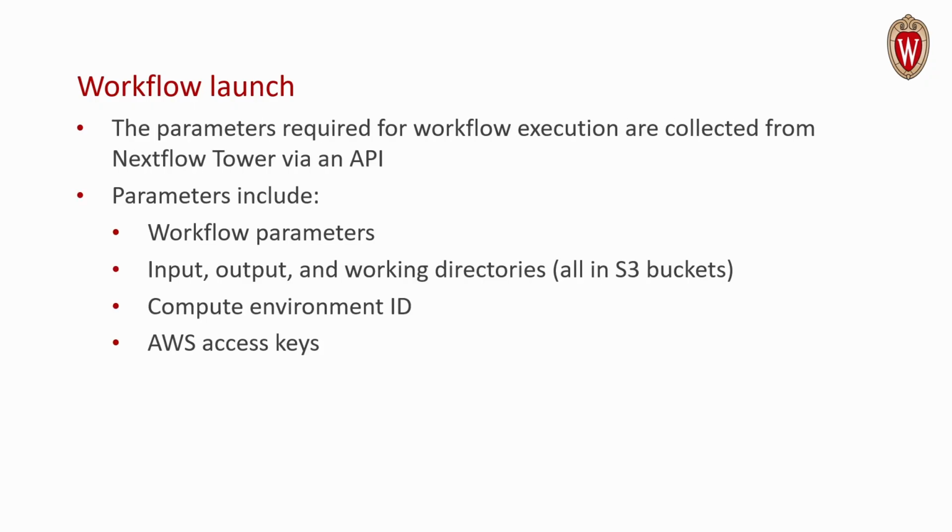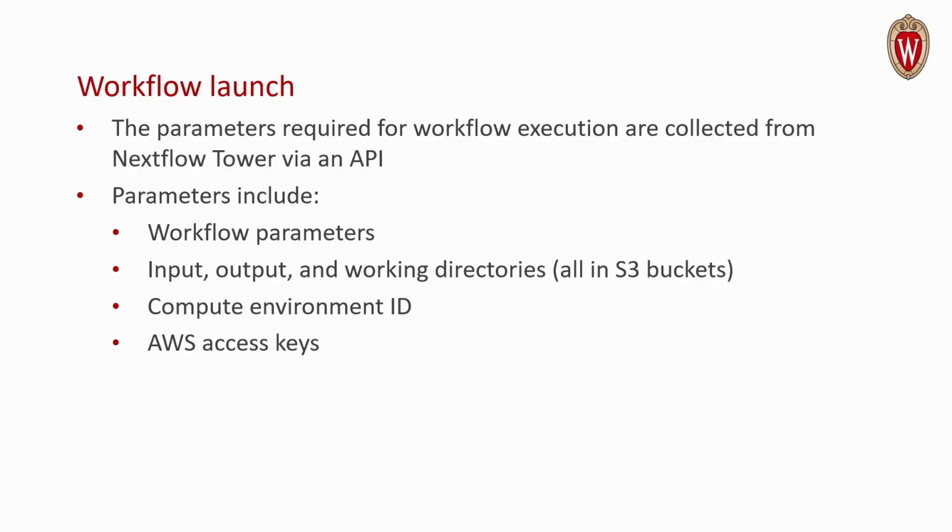All parameters associated with workflow execution are collected from Nextflow Tower via an API. These parameters include things like workflow parameters, input, output, and working directories, which will all be S3 buckets since the workflow is performed on the cloud. The compute environment ID, so whether it is our development or production environment, because we do have 2 separate environments.